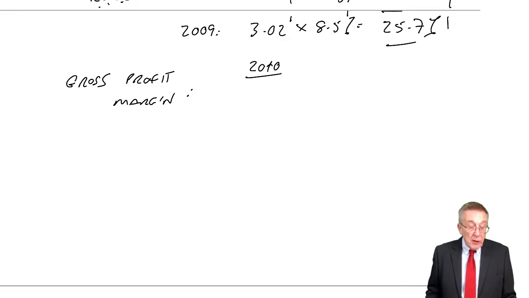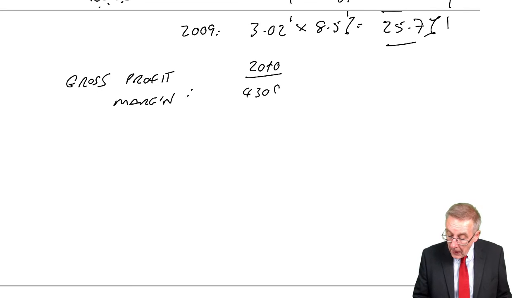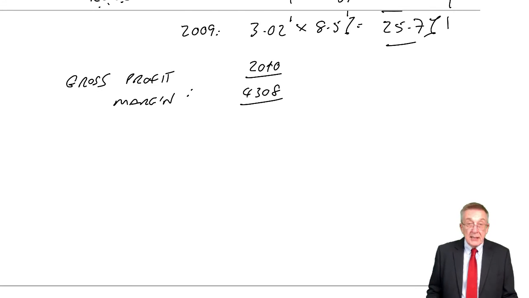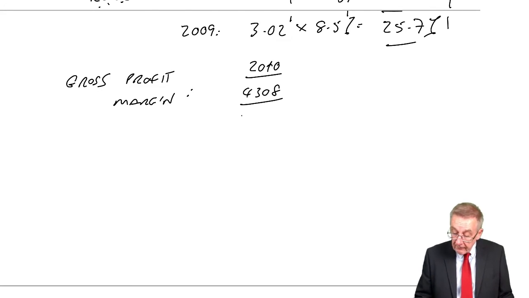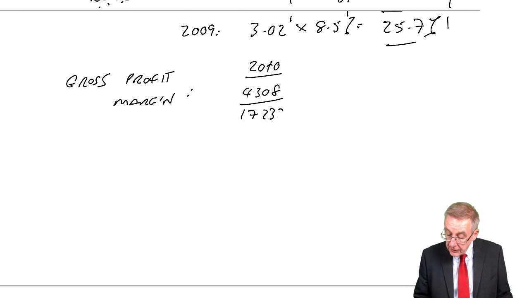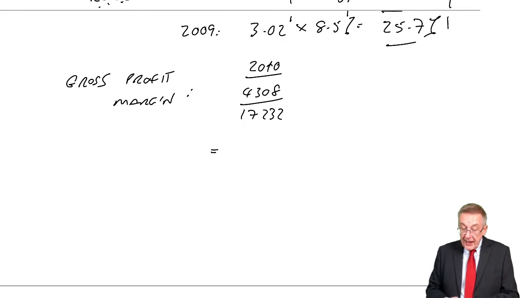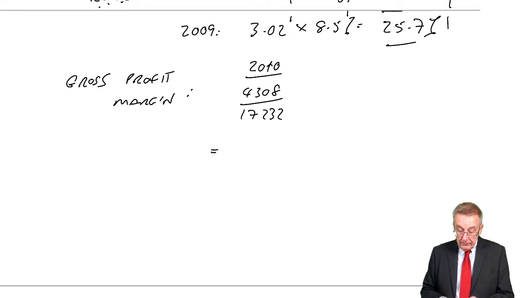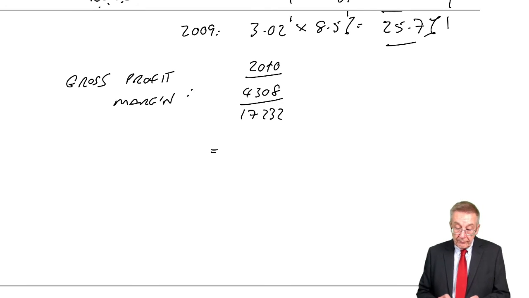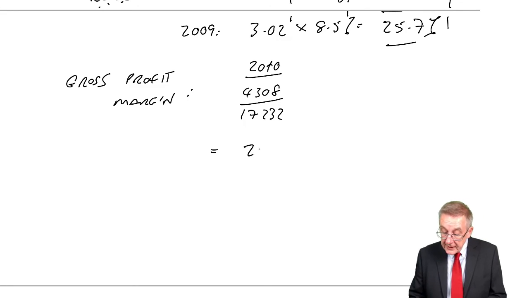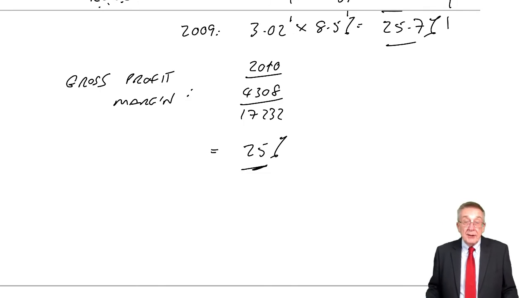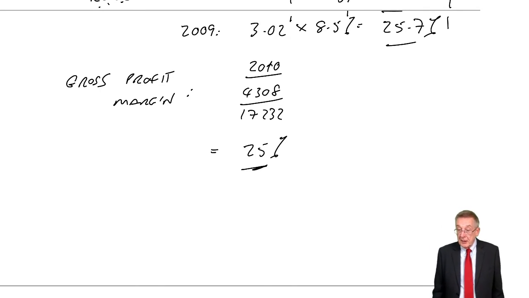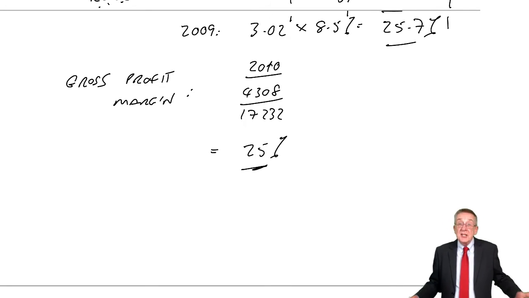2010, it's the gross profit, which in 2010 was 4308. As a percent of the sales or the revenue, 17,232. In percentage terms, 25%. Obviously higher than the net profit margin. If you think about it, it must be. As always, on its own, that means nothing.